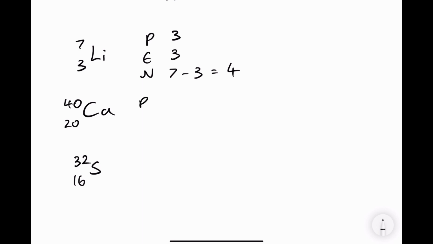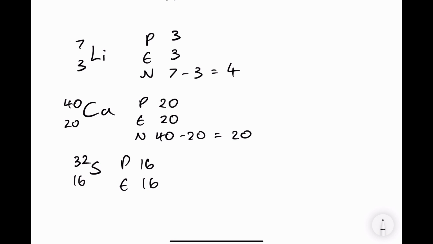Calcium has 20 protons, 20 electrons, and 40 take away 20 is 20 neutrons. And sulfur has 16 protons, 16 electrons, and 32 take away 16 is 16 neutrons.